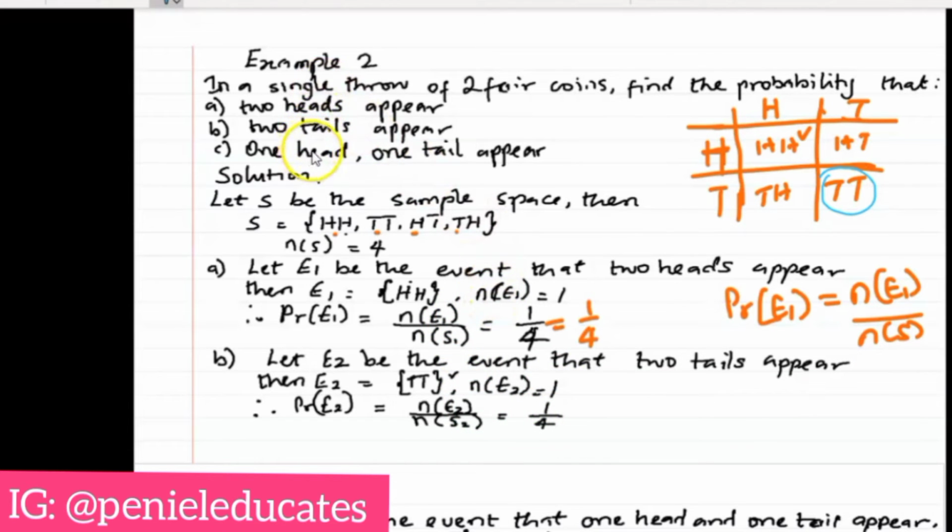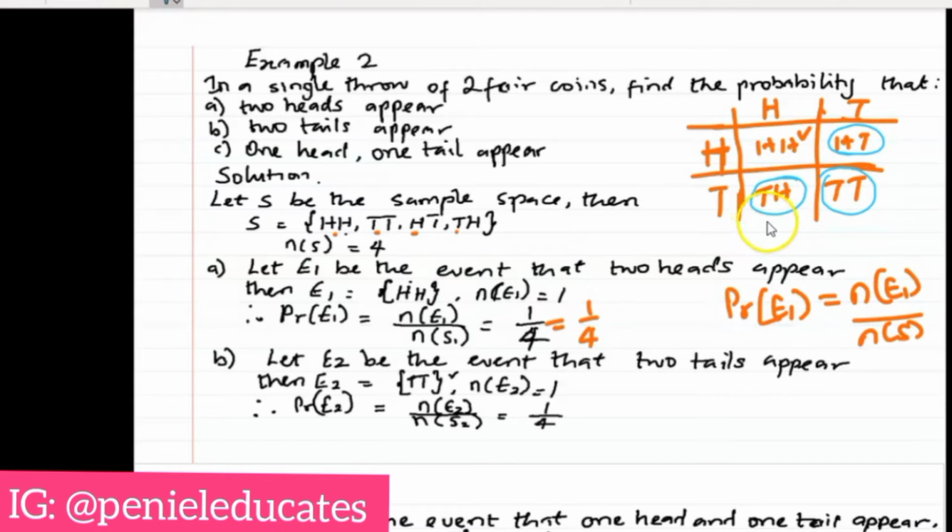Now, the probability that 1 head and 1 tail appear. If you look at this, you discover that this is 1 head and 1 tail, and this is another 1 head and 1 tail.